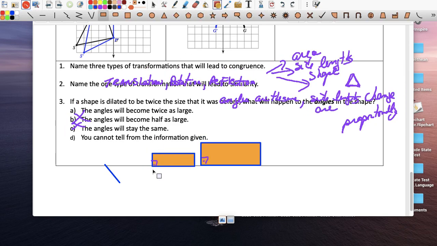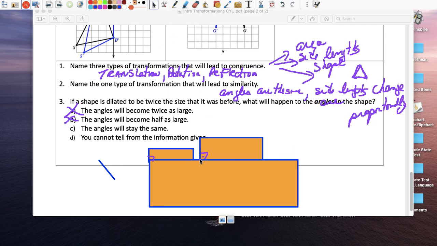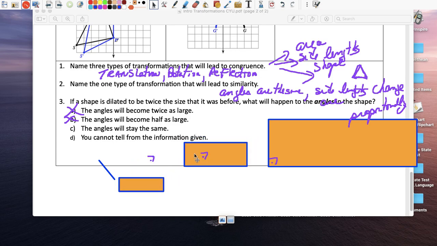Even if I made this rectangle here and I said, let's increase everything by, whatever, 4 times the size. Notice that everything except for the angle changed. All right, so let me put some numbers here. Maybe that will make a little sense. So this is what I mean by proportional.